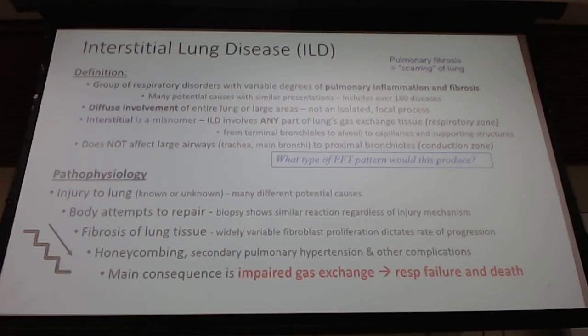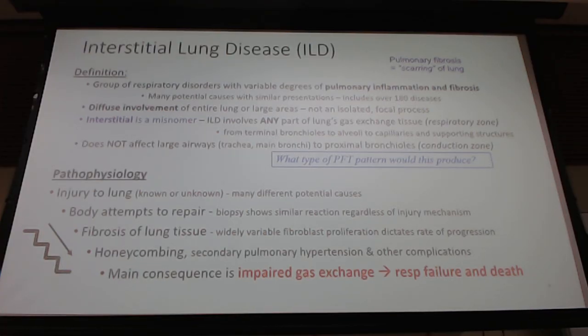All right. So pathophysiology, again, some known or unknown, more commonly unknown, injury to the lung. Body attempts to repair itself. So when we biopsy these patients, it shows a similar reaction of the body trying to repair itself. That leads to fibrotic changes, and it leads to fibrosis, which is permanent. It affects the lung diffusely, so it doesn't just go to one particular area.